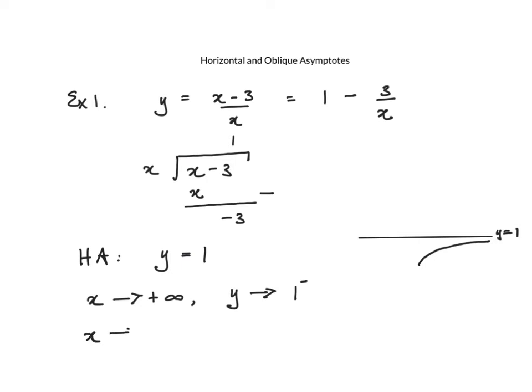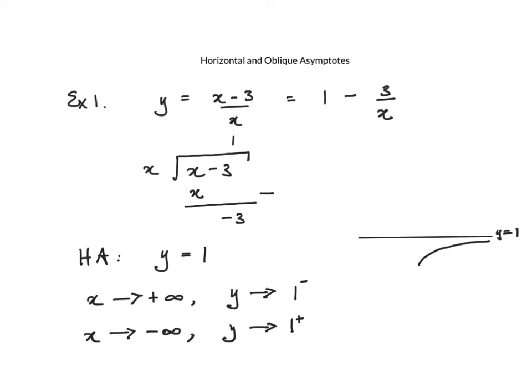Now, as x tends to minus infinity, so we've got a very large negative value, well, the negative of our large value here and this negative cancel out. So we end up with a very small positive value, 1 plus.